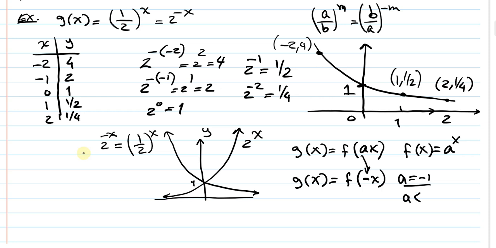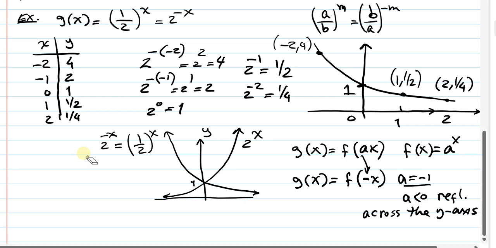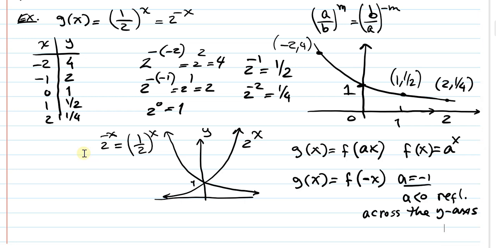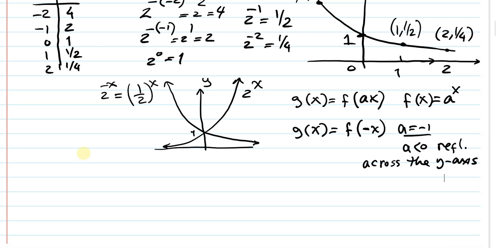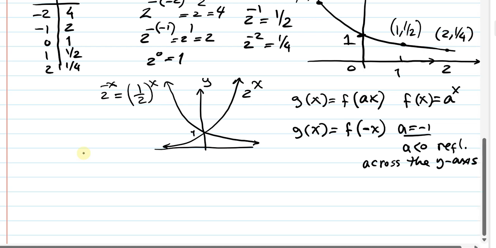If this number is less than 0, then we have a reflection across the y-axis. So my point is that what we're seeing is consistent with what we talked about in chapter 3 as far as the effect of these numbers on the original function, in terms of transformation of the original function, that is. Okay. And there we have it.